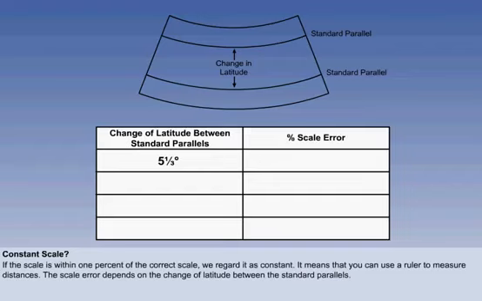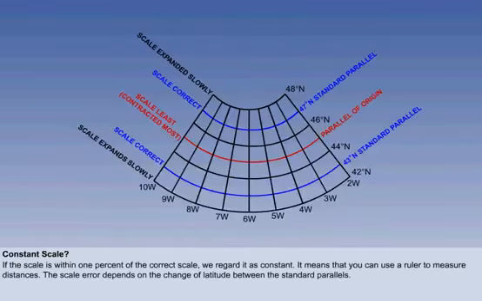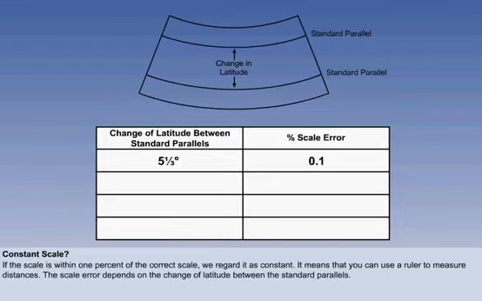We'll start with a value of 5 1/3 degrees between the northern and the southern standard parallels. If the chart is constructed according to the 1/6 rule, 5 1/3 degrees between the standard parallels gives us a maximum scale distortion, even at the worst point, of only 1/10 of 1%.